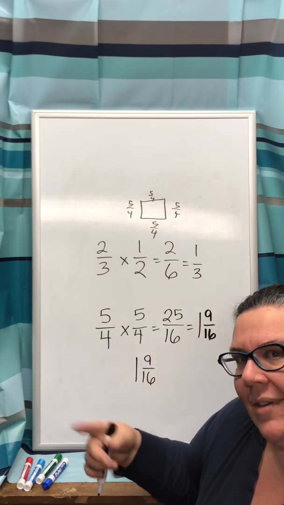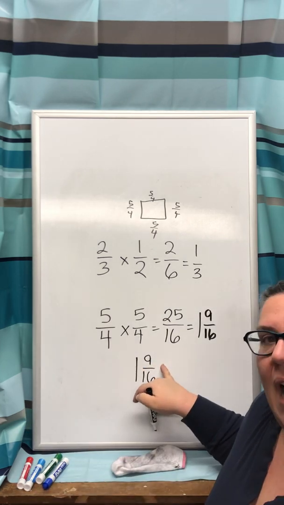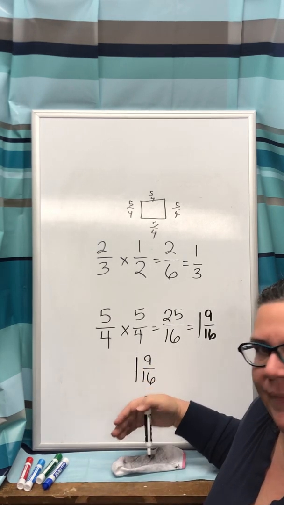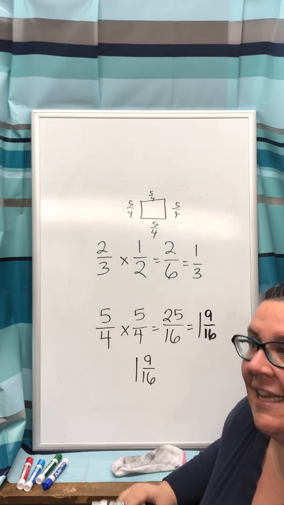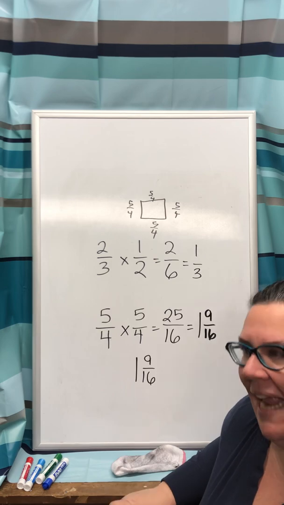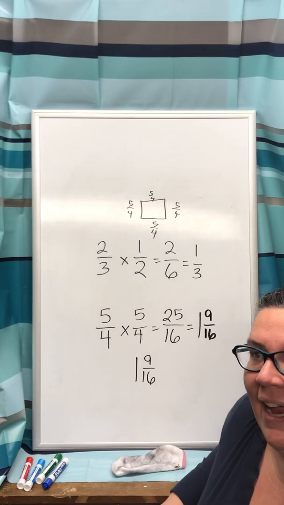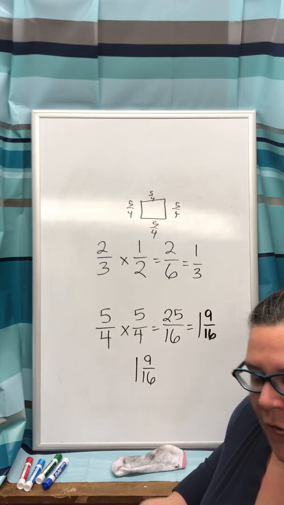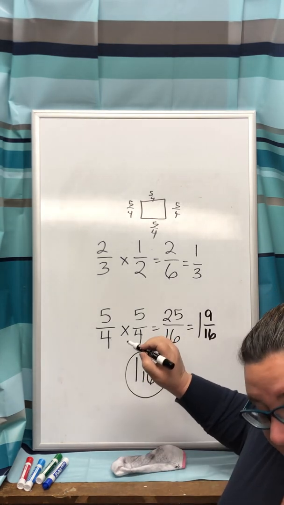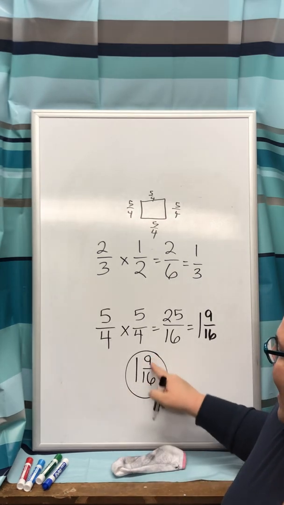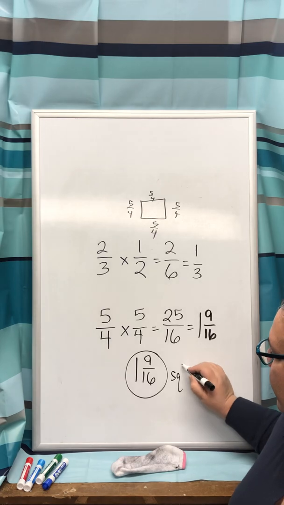So 6 times 3 is 18, which would be too high, so that would be a no. Can I do 9 divided by 4? No. Can I do 9 divided by 5? No. Can I do 9 divided by 6? No. 7? No. 8? No. 9? Yes. Can I do 16 divided by 9? That would be a no. So my final answer for number 4 is 1 9/16 square feet.